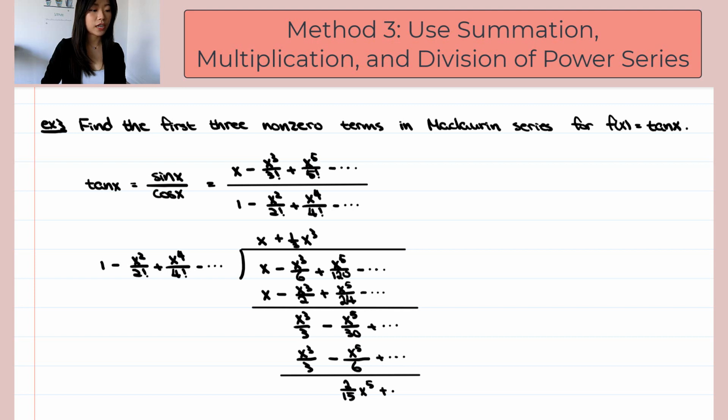And I do not need to worry about the other terms because from here, I can get my third non-zero term, which is plus 2 over 15 times x to the power of 5, and so on. So let's rewrite the function tangent of x. The first three non-zero terms are x plus 1 over 3 times x cubed, then plus 2 over 15 times x to the power of 5.